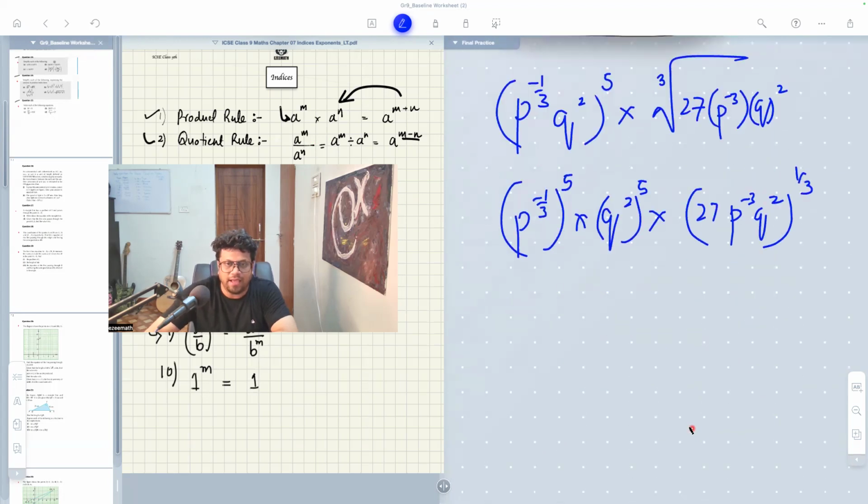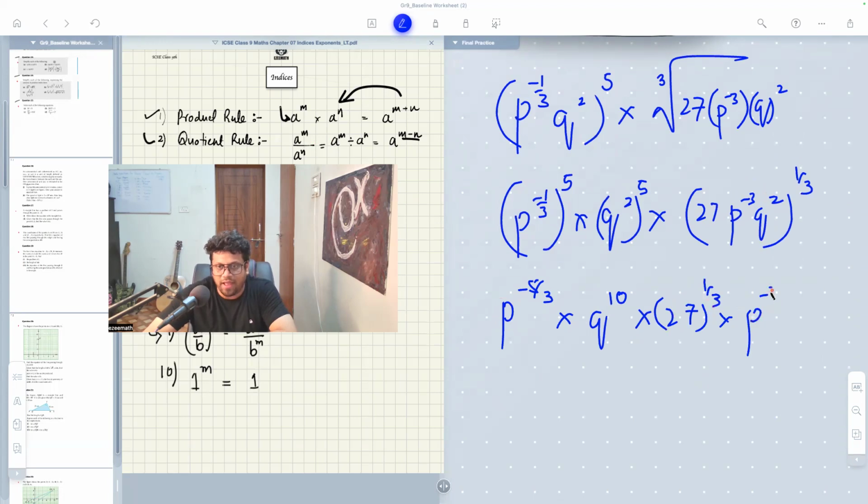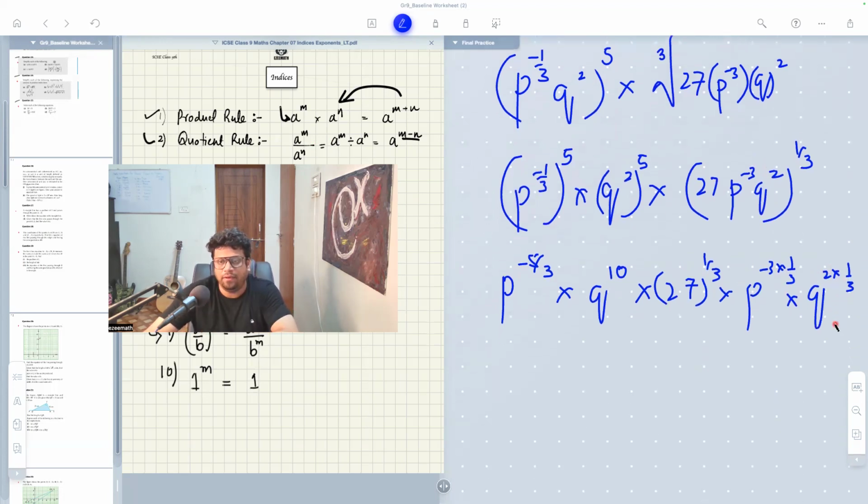Well, that can be written as p to the power of minus 5 by 3 into q to the power of 10 into 27 to the power of 1 by 3 into p to the power of minus 3 into 1 by 3 into q to the power of 2 into 1 by 3. That's what's going to happen.